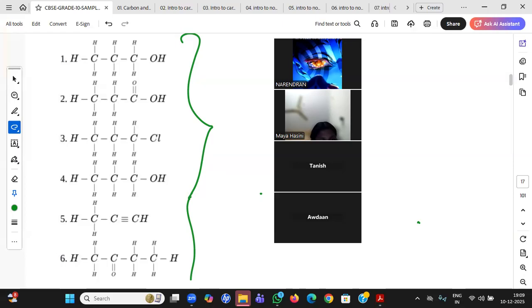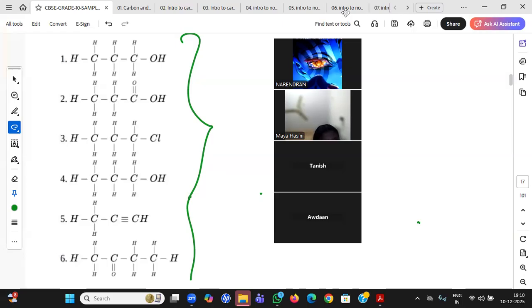Yes, Avdan, right student. Very good, Avdan. Maya, right up to third. Maya, right. Tanish, why beta? You have 3 carbons. You are giving 2 carbons only.